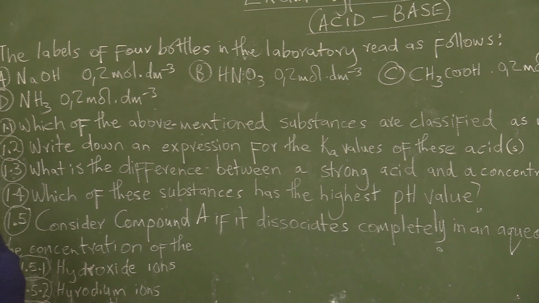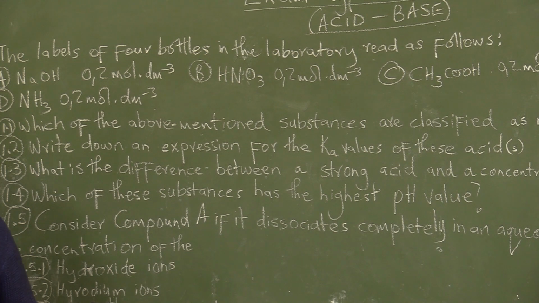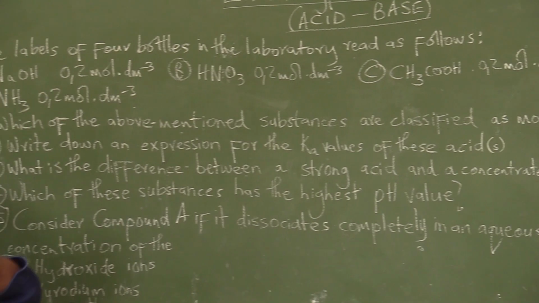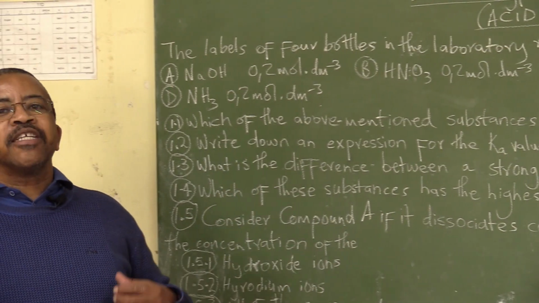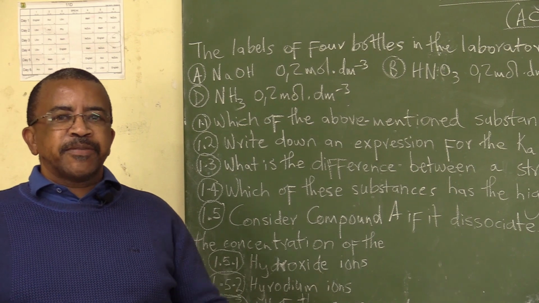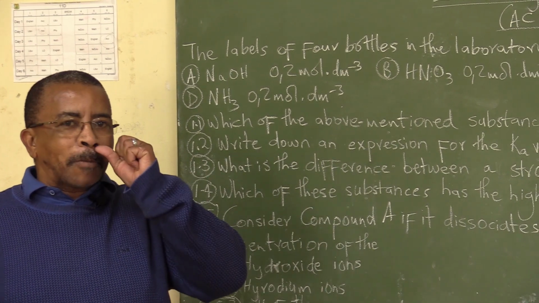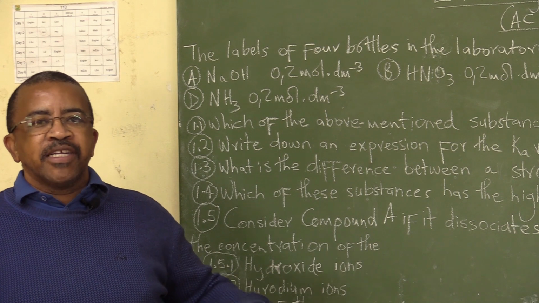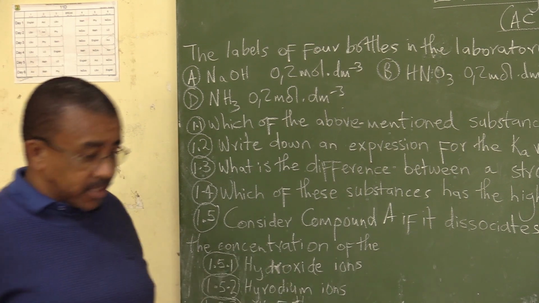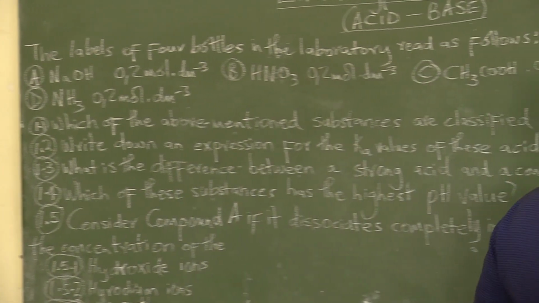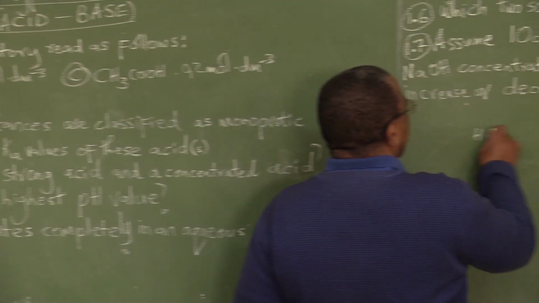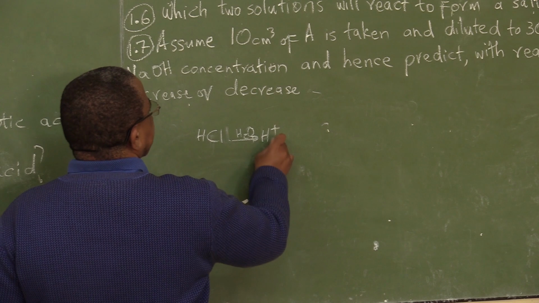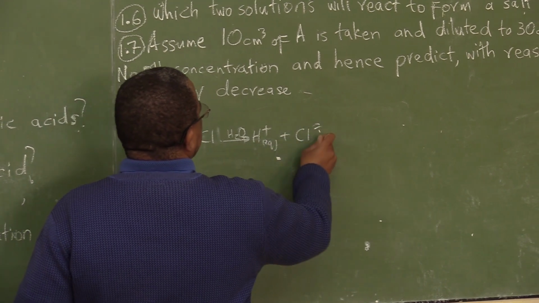What is the difference between a strong acid and a concentrated acid? A strong acid is a substance that dissociates almost completely in water. If a substance dissociates almost completely, one of the products is H+. That's a strong acid. For instance, HCl is a strong acid, because in water it dissociates into H+ aqueous and Cl- aqueous.